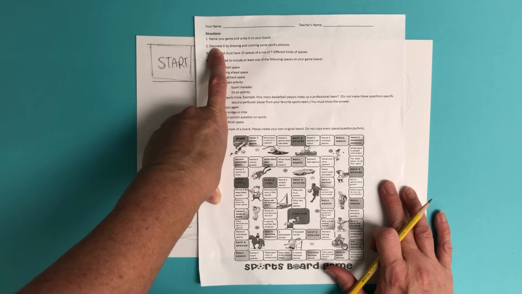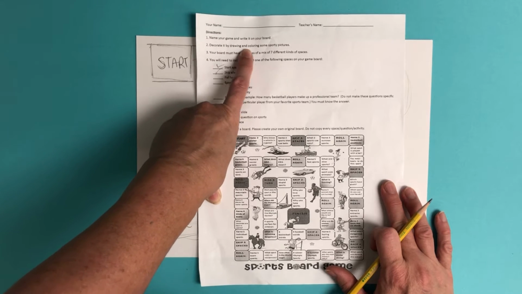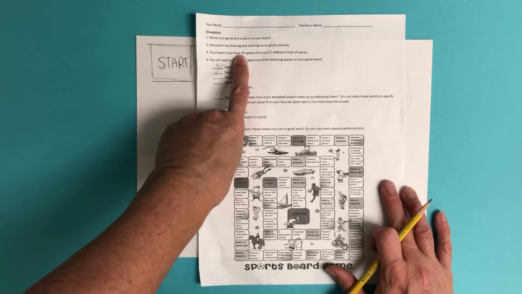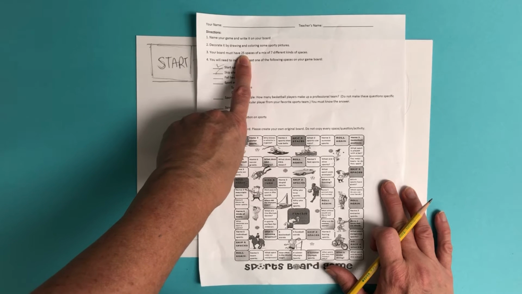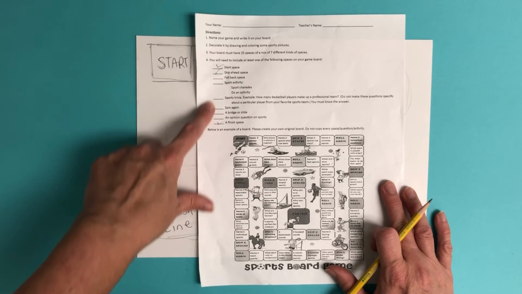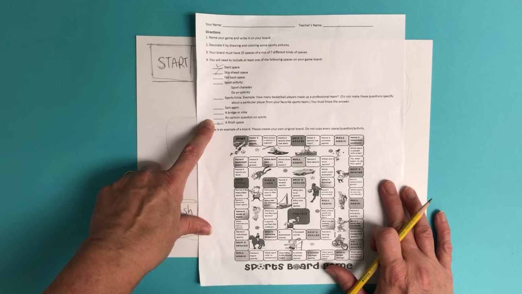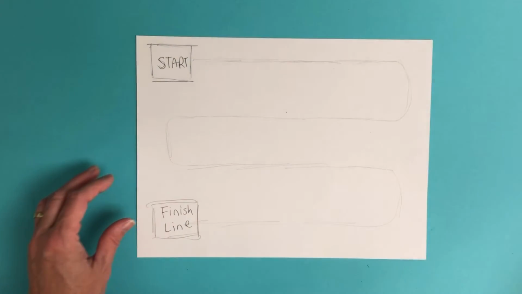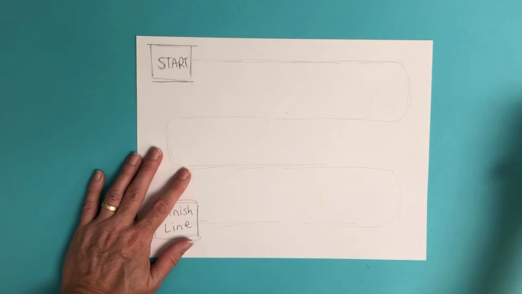And then we're going to be also decorating it by drawing and coloring some sporty pictures. And your board needs to have at least 25 spaces with a variety of different kinds of spaces. And I have 7 listed here or more. So I really want you to try to use a lot of variety in there. And we'll talk about variety in just a moment.